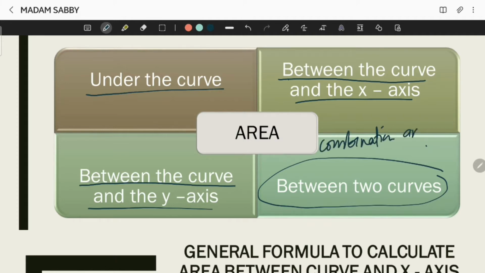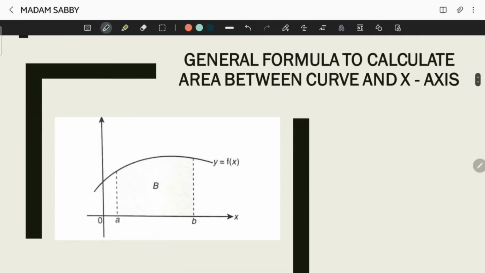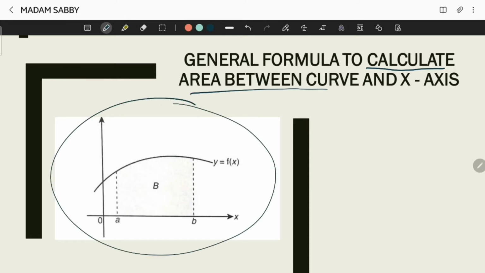Alright, so let's look at the general formulas for you to remember about how to calculate the area between the curve. In this first example, this is your y-axis and this is your x-axis. As you can see, this curve is y equals f(x), the general function of the curve, and we are looking for the area between the function and the x-axis.